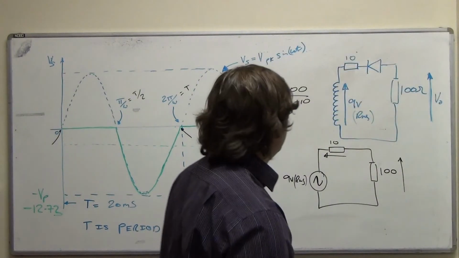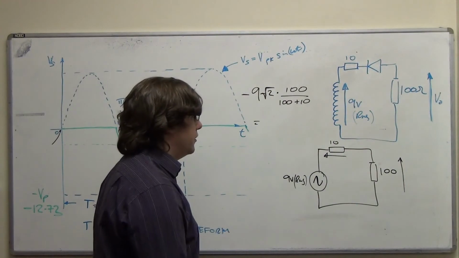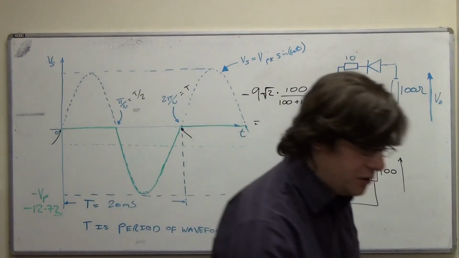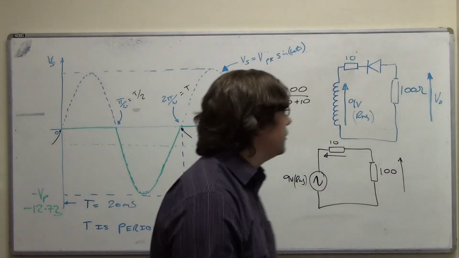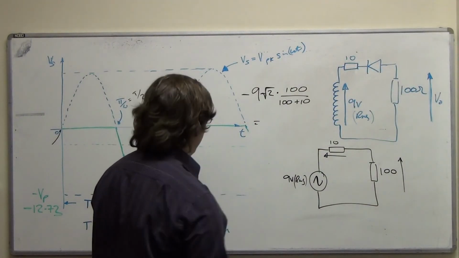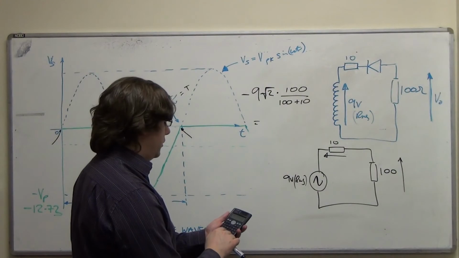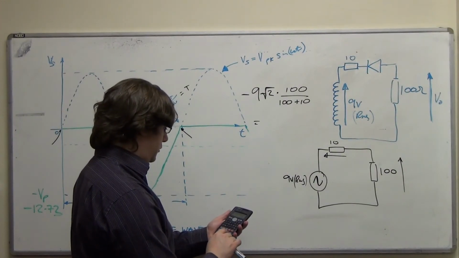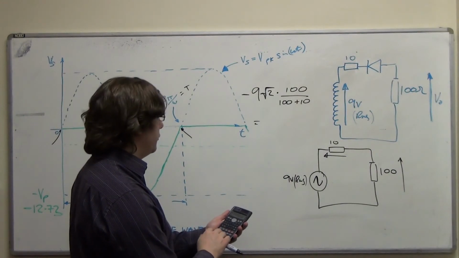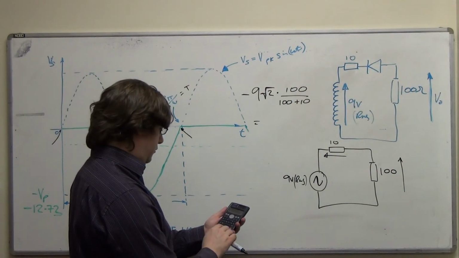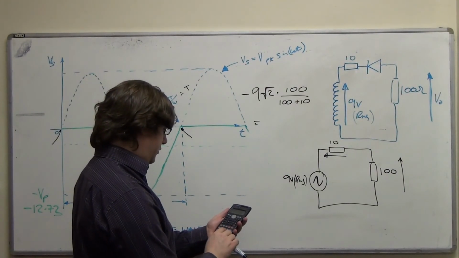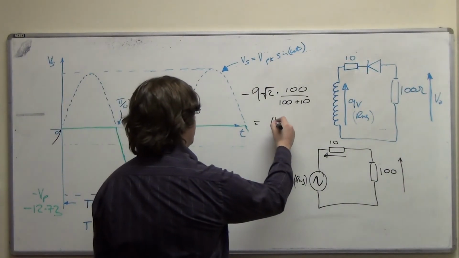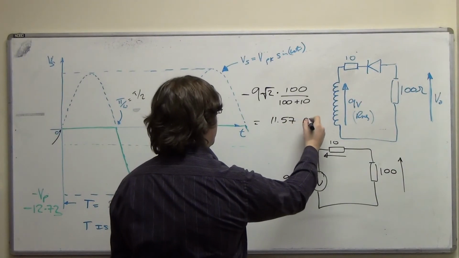And then the next bit is what is the new power dissipated in R. Well, since you know what the peak voltage is, you can get back to RMS voltage. So it was 11.57, I think, but I'll do it again anyway. 9 times root 2 times 100 divided by 110 is 11.57, and this is peak.